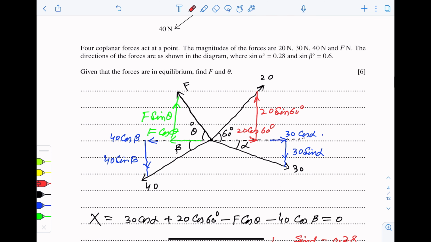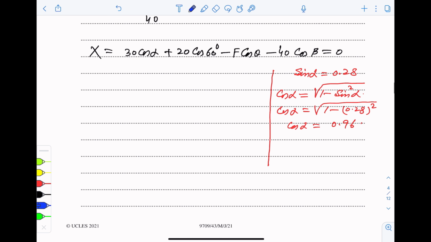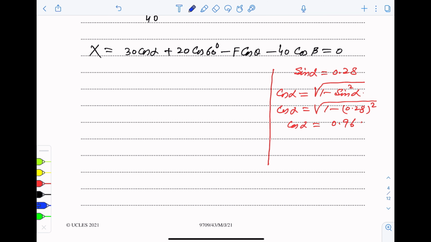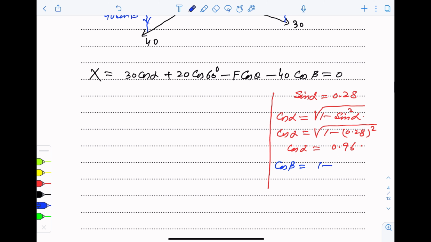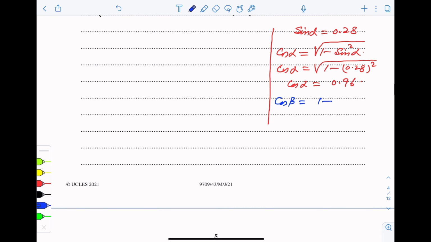In the same way, sin beta is also given, so we can find the value of cos beta in the same way. Cos beta will be the square root of 1 minus sin square beta; sin beta is given as 0.6, 1 minus 0.6 squared whole under root. After simplifying we get cos beta is equal to 0.8.